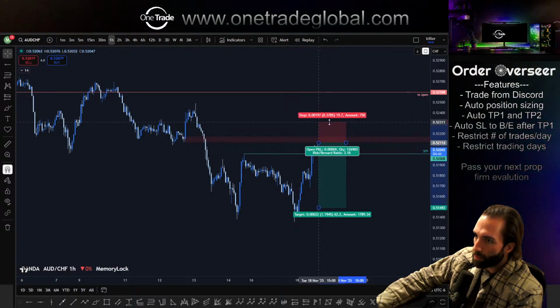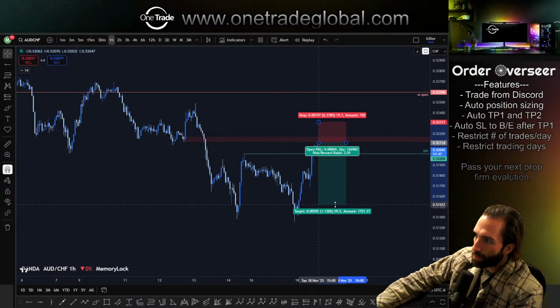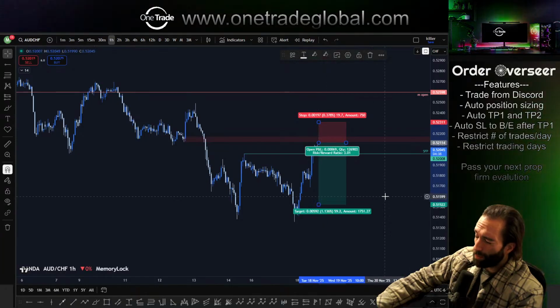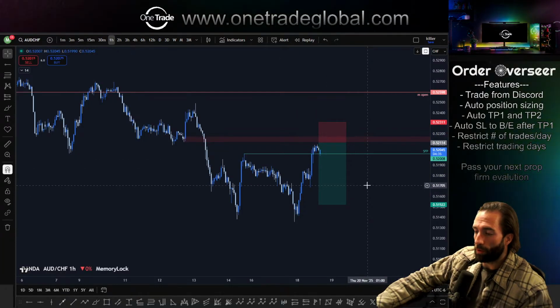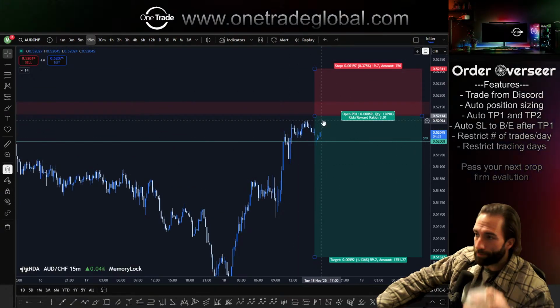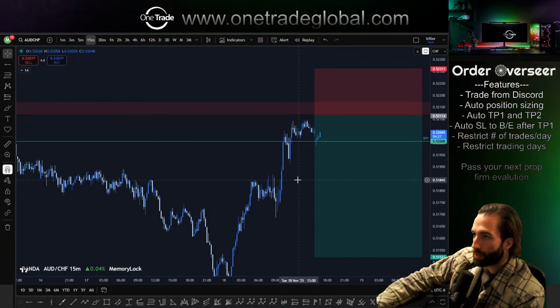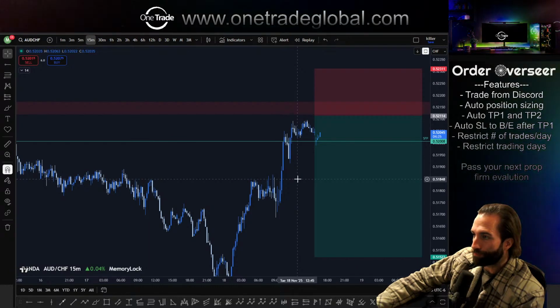I could put my stops here and run it down. 3R brings us right into this zone. I'd probably end up having to close it a little sooner, but on a 15-minute time frame, if it sweeps this, I mean, could very well be a nice short opportunity there.